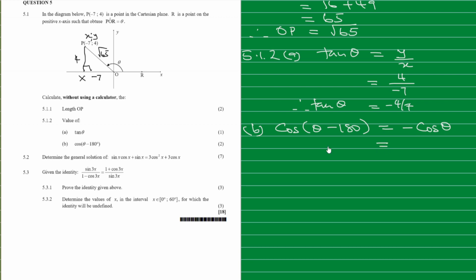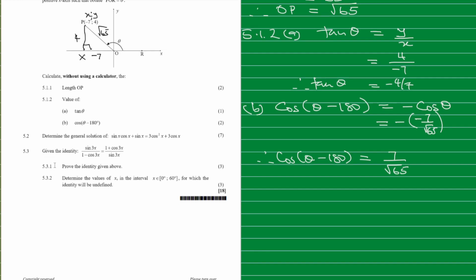Now, according to this diagram here, cos theta is adjacent over hypotenuse, which is -7 over root of 65. So our answer therefore will be cos (theta minus 180) is equal to positive 7 over root of 65. Okay, we'll leave it like that.